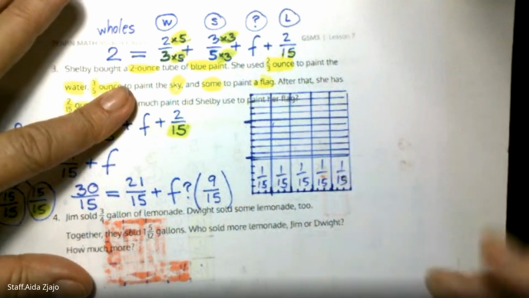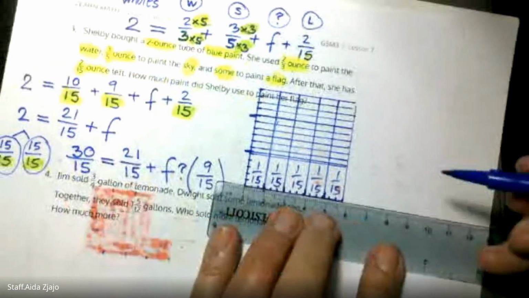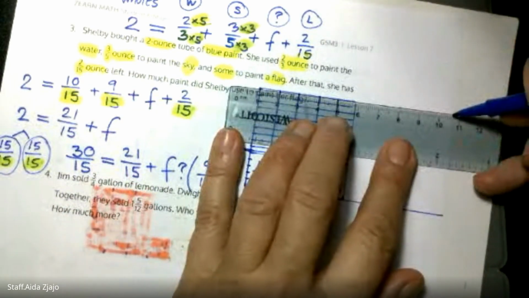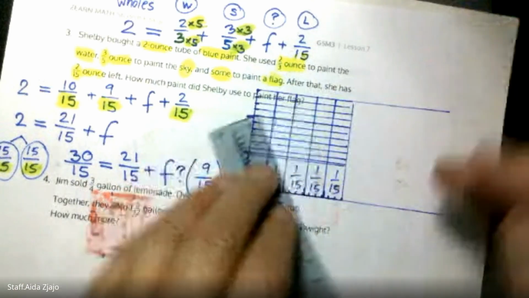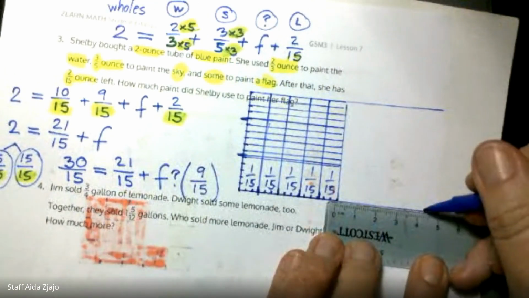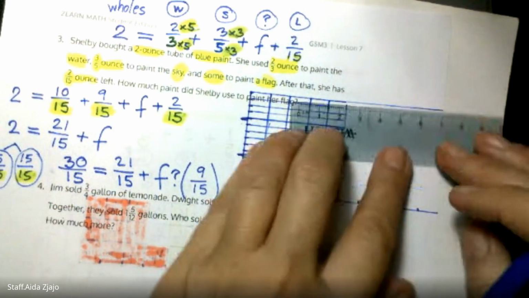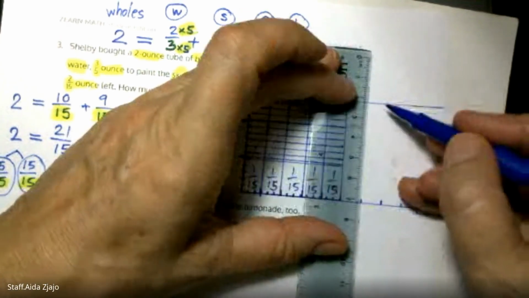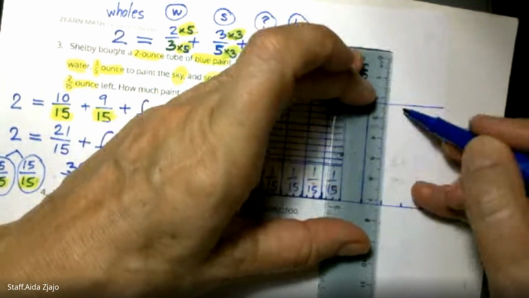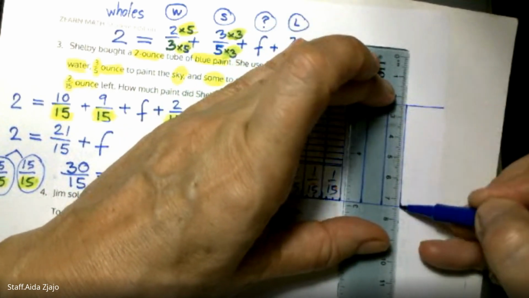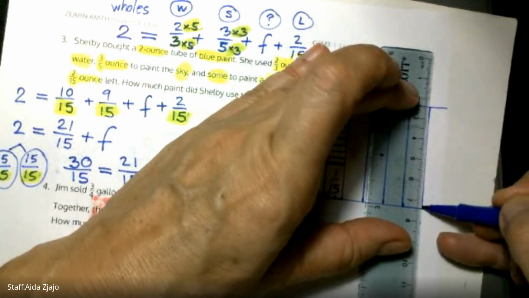Okay, and then I need one more, such this one, which is going to be about this much. So let's go. Didn't think through. So it's okay.